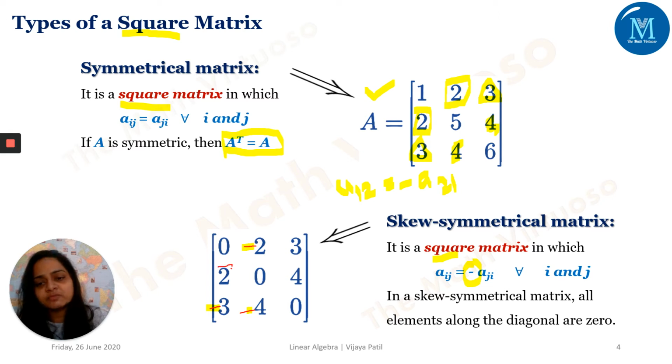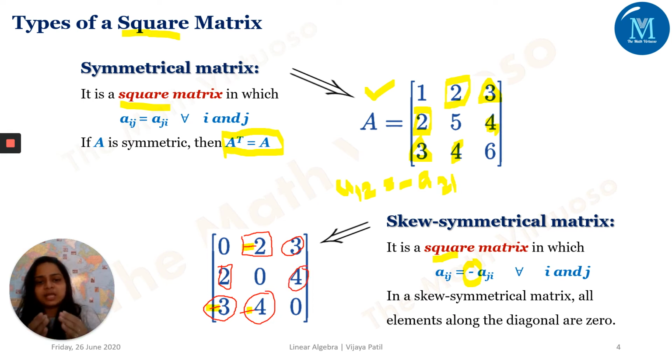Now I'm comparing this 2 and this -2: they are negations of each other. Similarly, 3 and -3, and -4 and +4, are negations of each other. Skew means the elements are negations of each other; I'm talking about the non-diagonal elements.